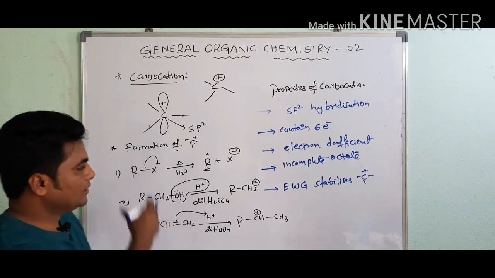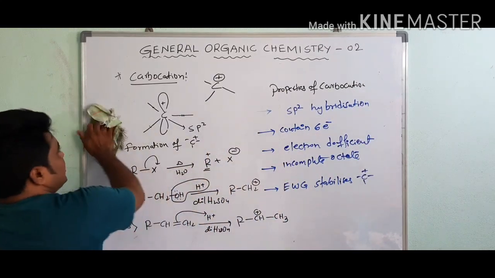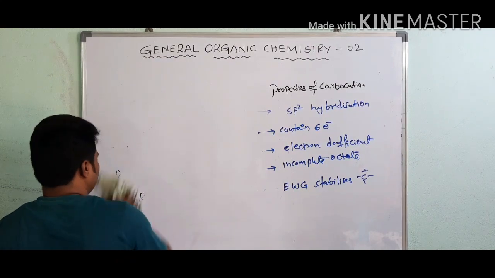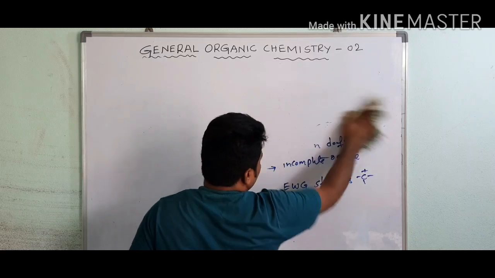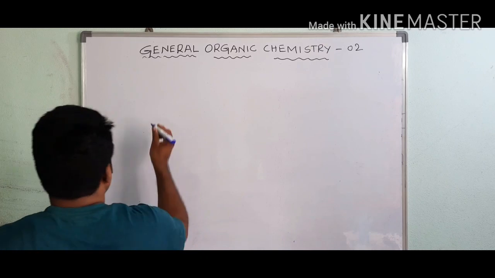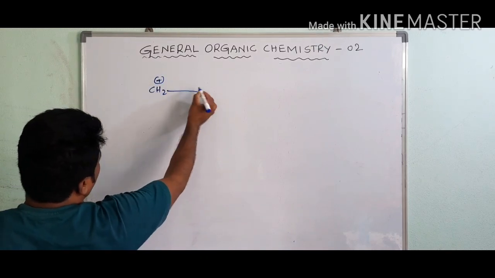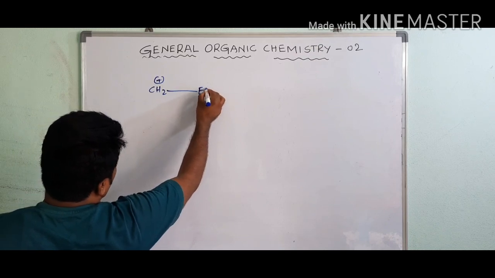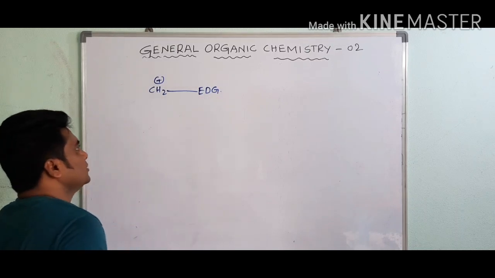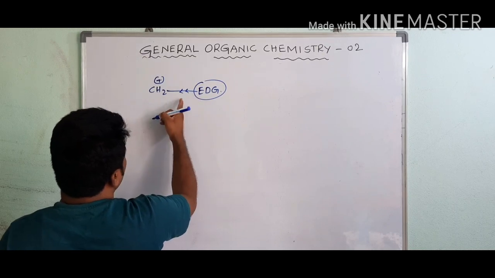Just pause the video and write the points. Now next, see here. So this is a carbocation. Any electron donating groups donate the electron density towards the carbocation.